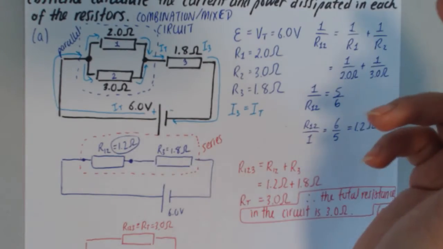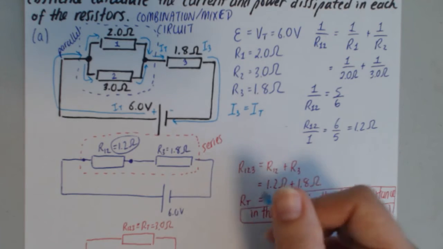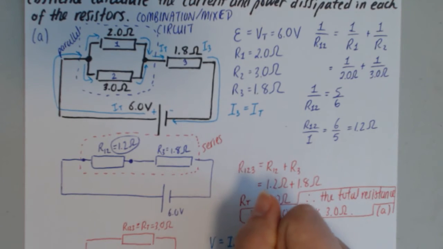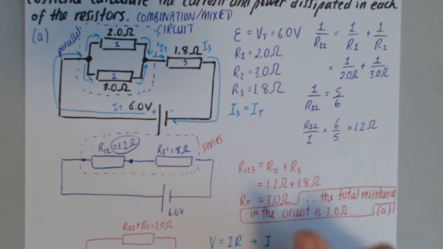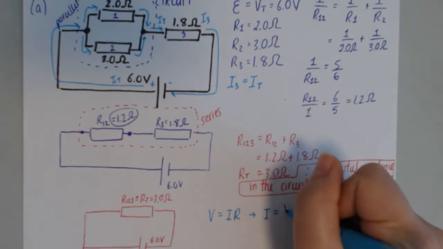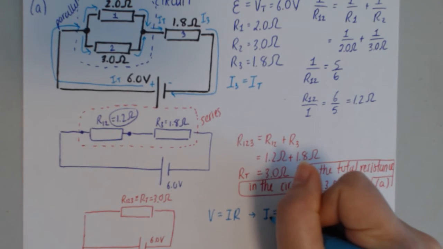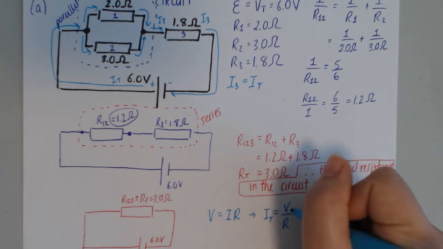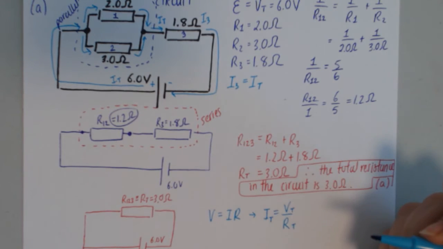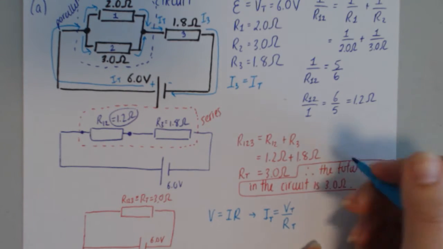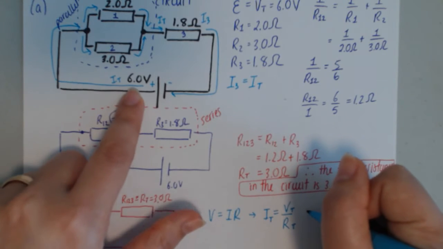So, using Ohm's law, V is equal to IR. I know that current is equal to voltage divided by resistance. And since I'm looking for a total current, I'm looking for total voltage over total resistance. Now, total voltage, that's the 6 volts.